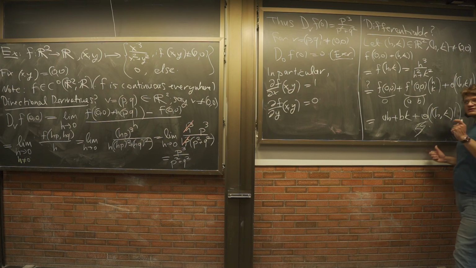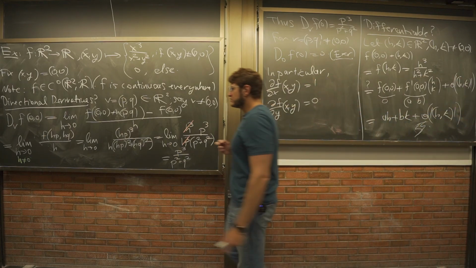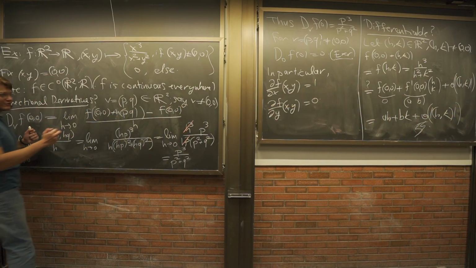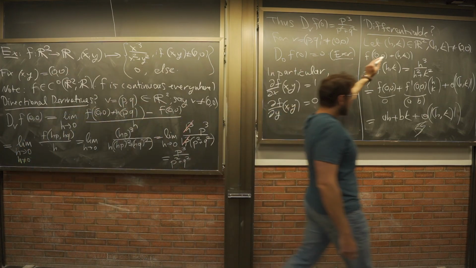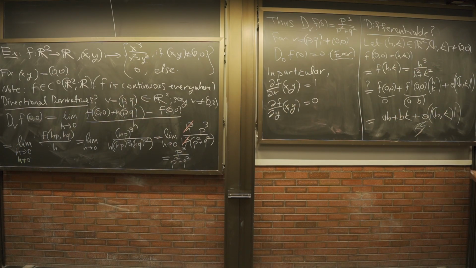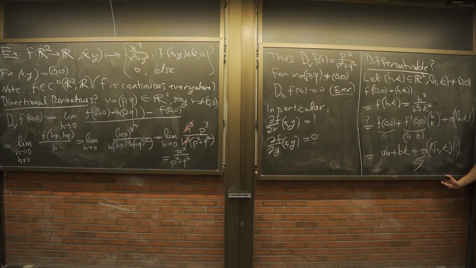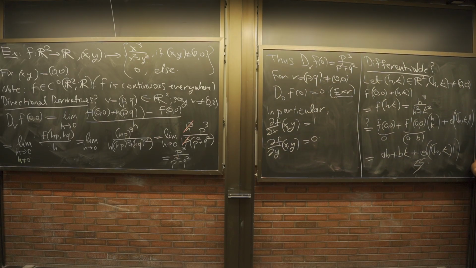So the flavor is very different, you see. When we're doing the directional derivative, we're just taking a certain limit. It's a calculation. When it comes to actual derivative, it's about whether or not you can fit into a formula, into an approximation. Any questions about this?